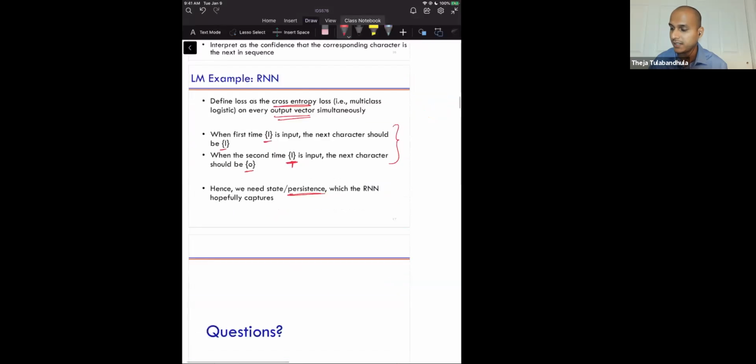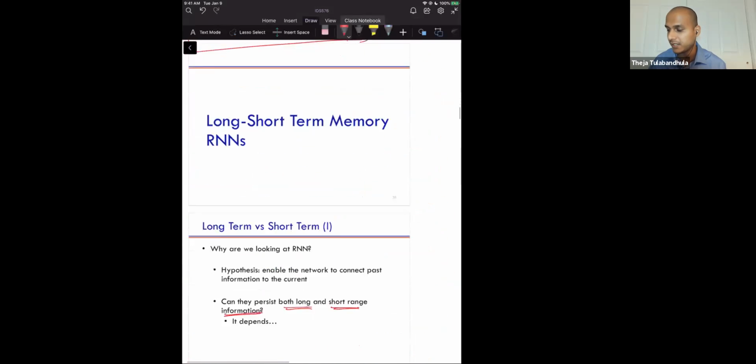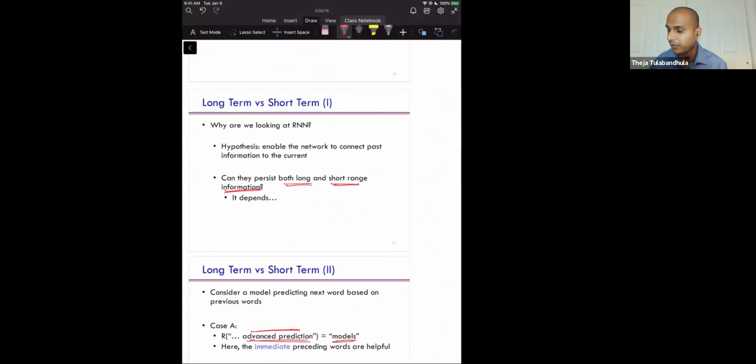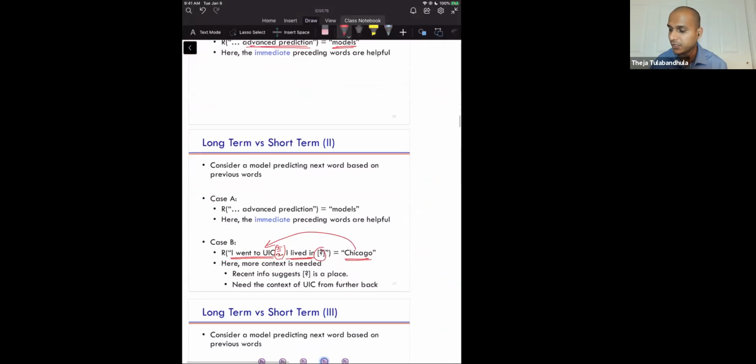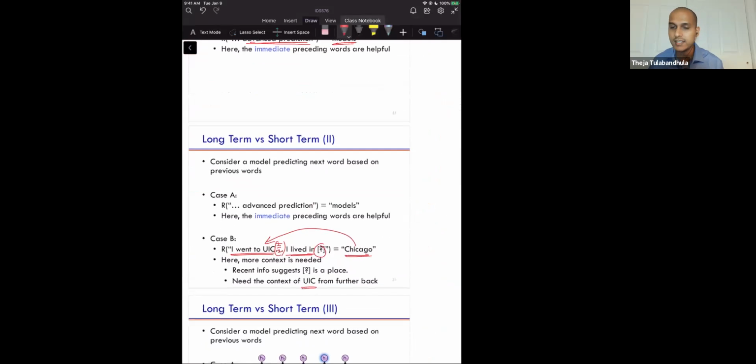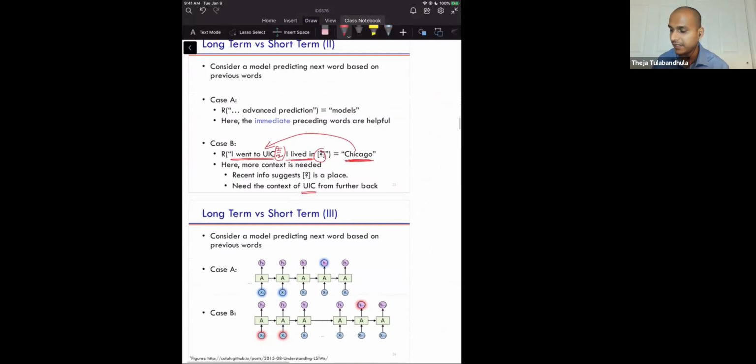So ht minus 1 somehow has to capture everything it has seen, such that if it has seen UIC, it influences the output so that the coordinate corresponding to the word Chicago has a higher score. Ideally you want that, and that's difficult to achieve.